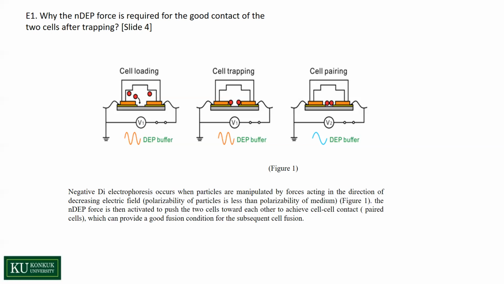That's why from the two trenches, the cells came to each other against the electric field, and they have a good contact. Here we can easily see in figure 1.3 that they have a good contact between two cells after applying the negative dielectrophoretic force.